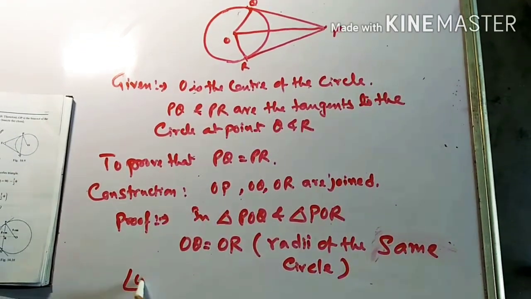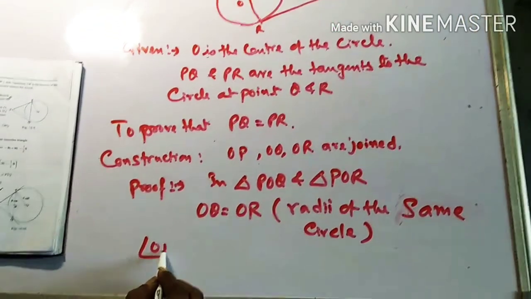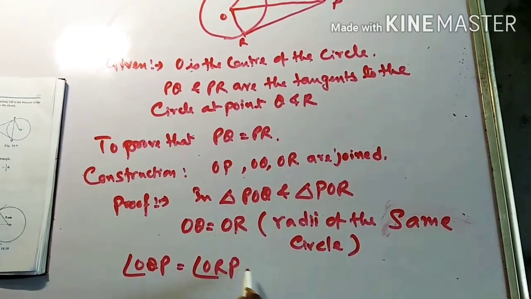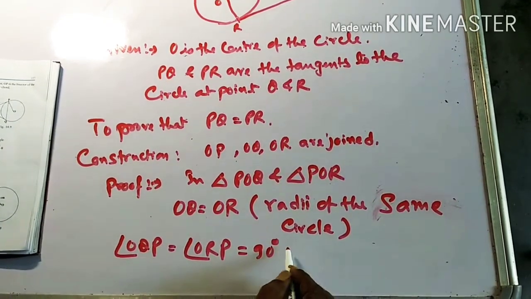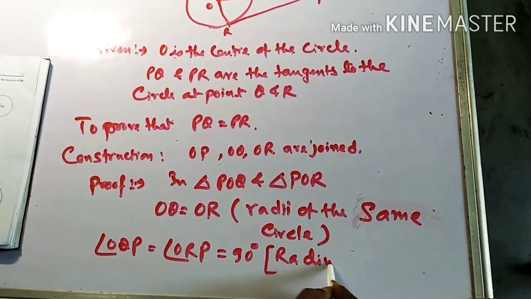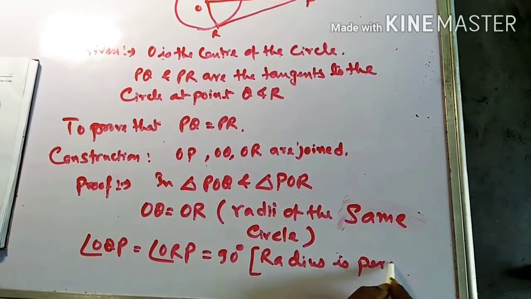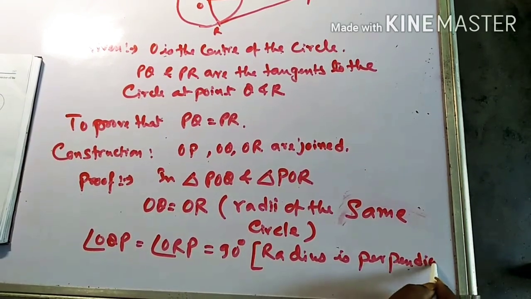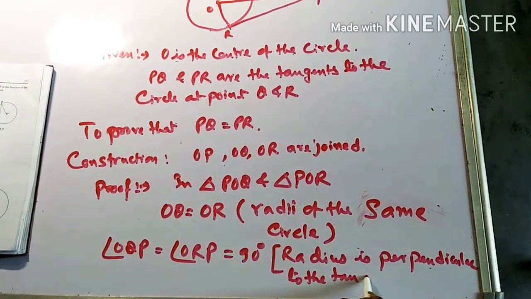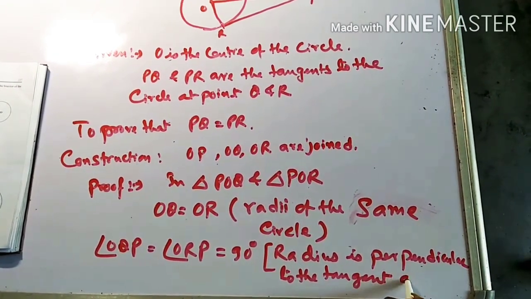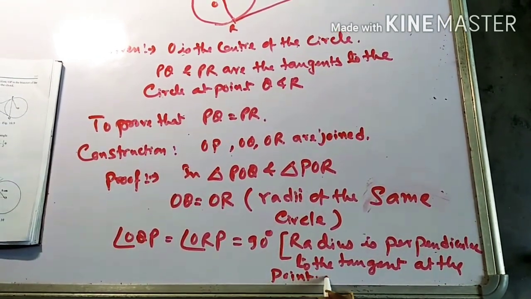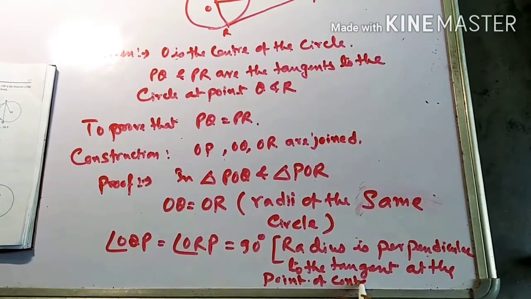Now, angle OQP is equal to angle ORP, equal to 90 degrees. Why? This is from theorem 10.1, that is, the radius is perpendicular to the tangent at the point of contact.